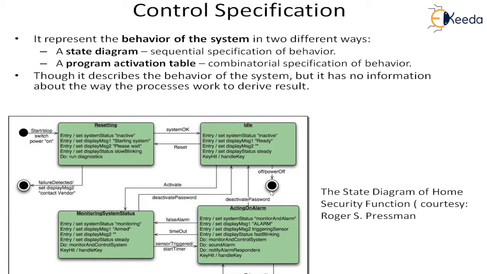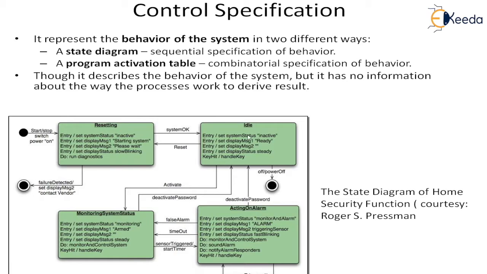We will discuss state transition in more detail when we come to the behavioral elements of the analysis models. So currently, let us understand that in the control specification, apart from the control chart, we can also use the state diagram, and we can also use something known as the program activation table. Though it describes the behavior of the system, it has no information about the way the processes work to derive the result.